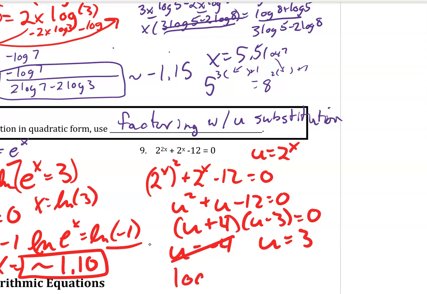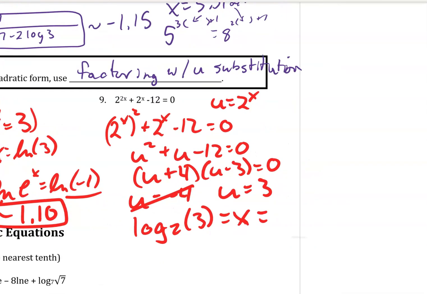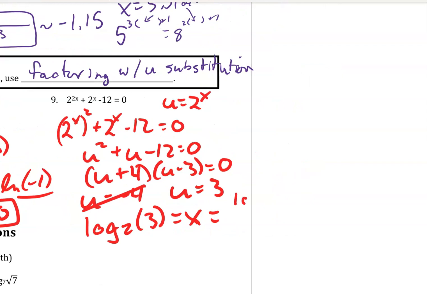So log base 2 of 3 is going to equal log base 2 of 2 to the x, which is x. So how do we get log base 2 of 3? Once again, using change of base. We know this is log of 3 divided by log of 2, which is approximately 1.58.